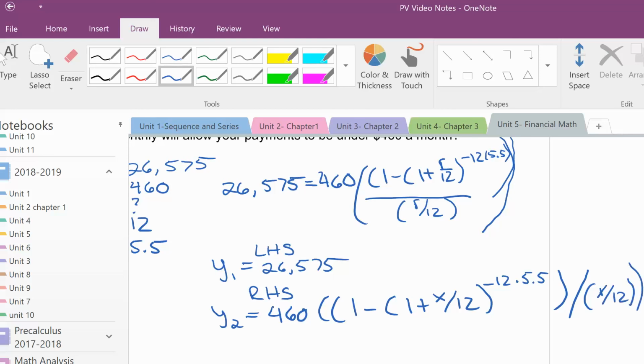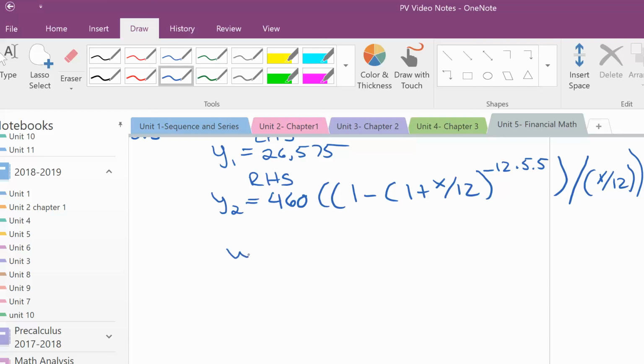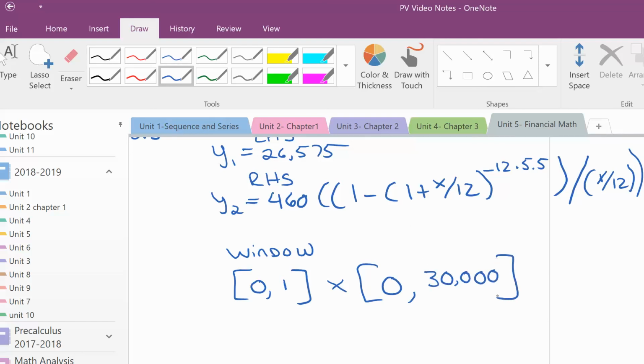In order for it to show up, you have to change your window. Your window should be 0 and 1 for the x min and max, and 0 and bigger than 26,575, so like 30,000 for your y maximum.